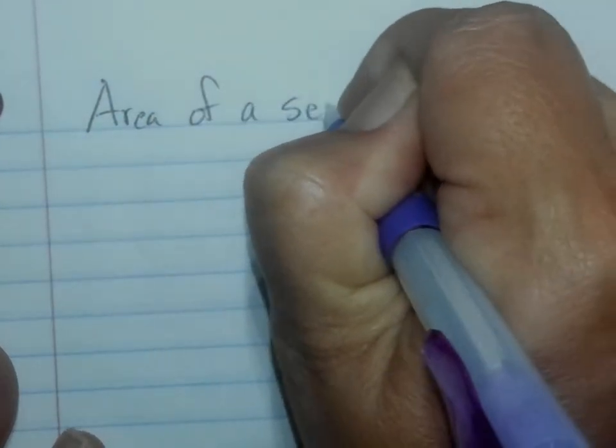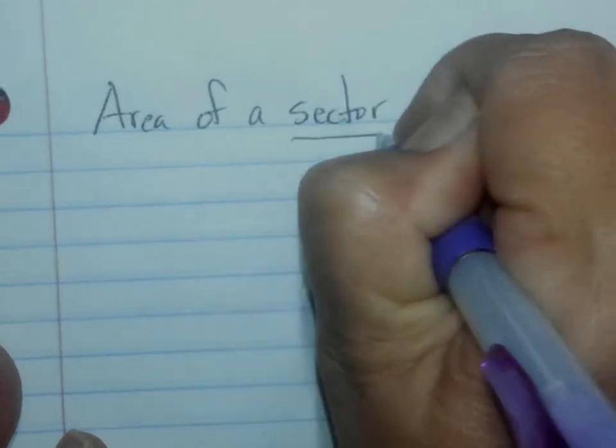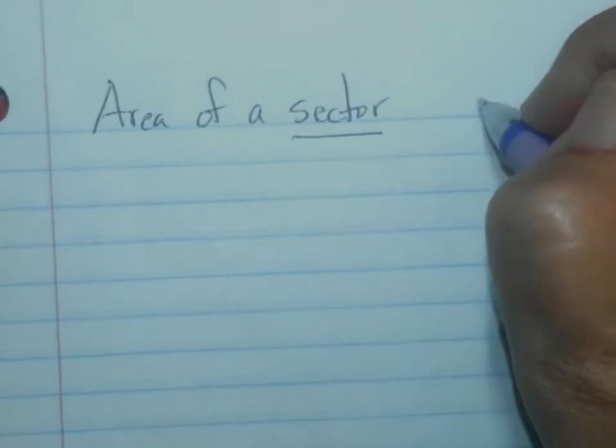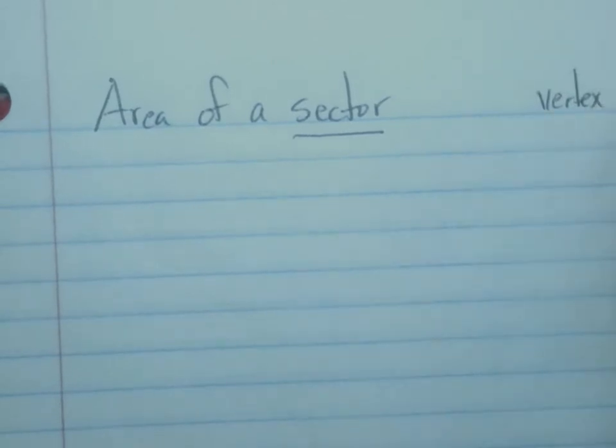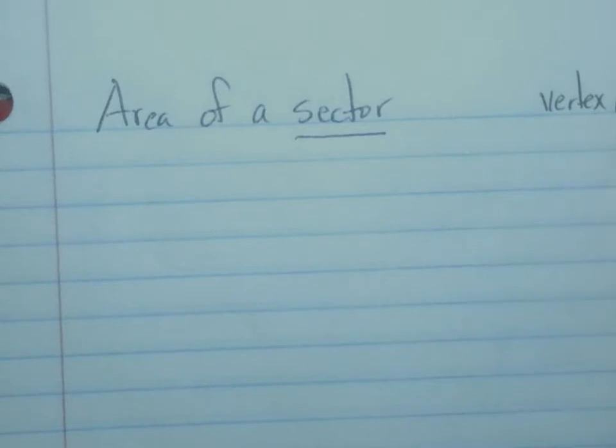Alright, so now we are going to look at area of a sector. So a sector is a section of a circle. It has the vertex at the center of the circle.